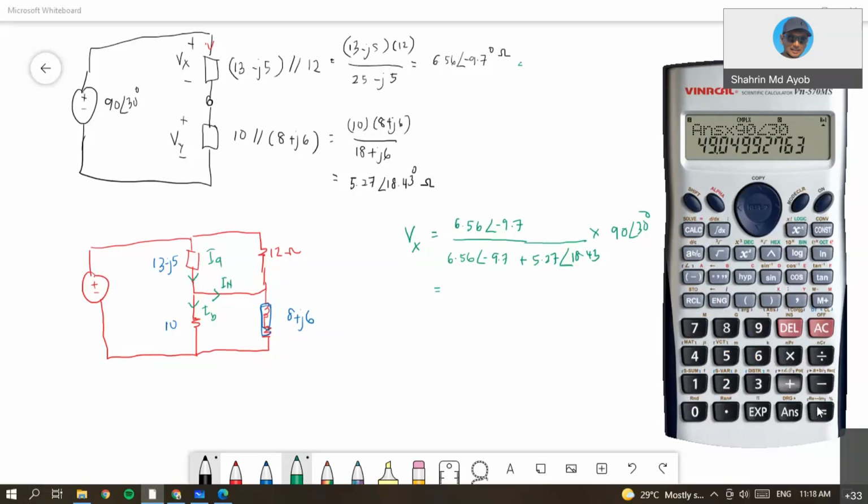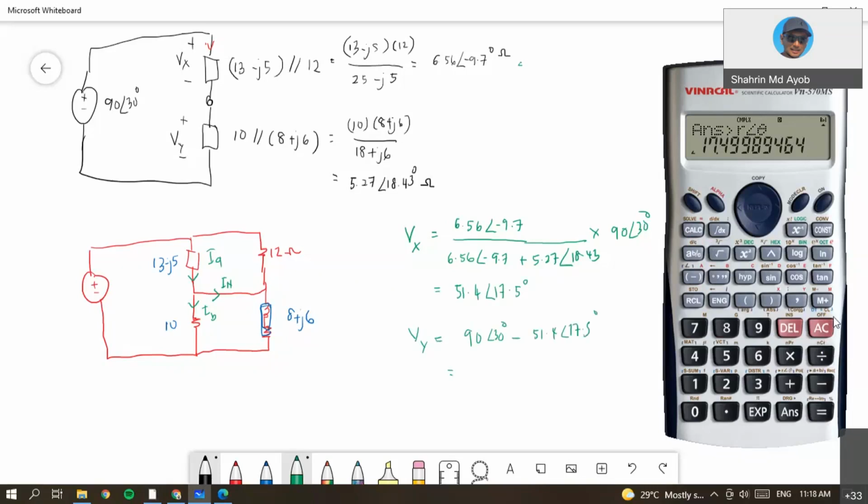So in polar, you should get 51.4 angle 17.5 degrees. And then your Vy is actually 90 angle 30 degrees minus 51.4 angle 17.5.